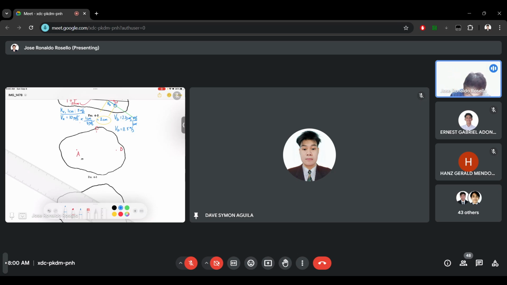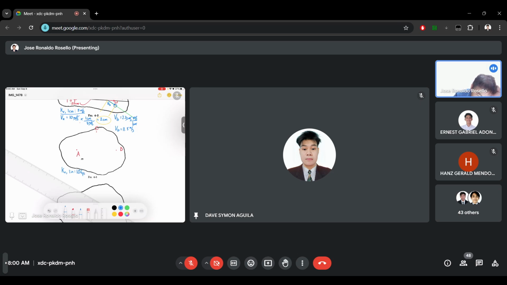For example, if we have a velocity scale where for every 1 inch, we have 10 feet per second.